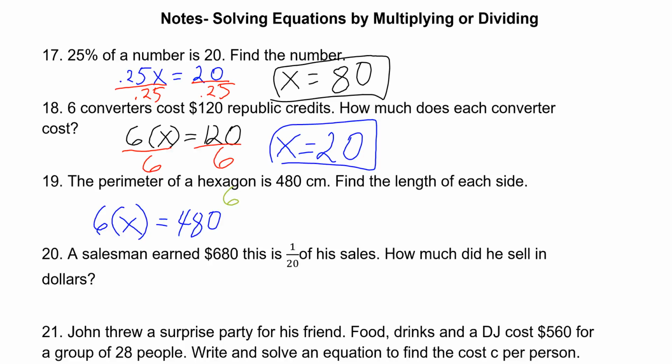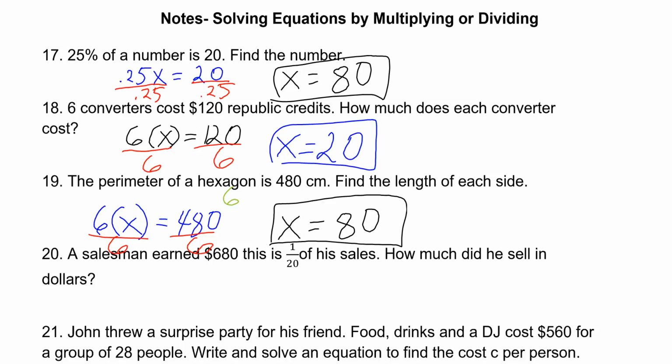Now, in order to get rid of the 6, we divide each side by 6, and that's going to leave us with x equaling 80.